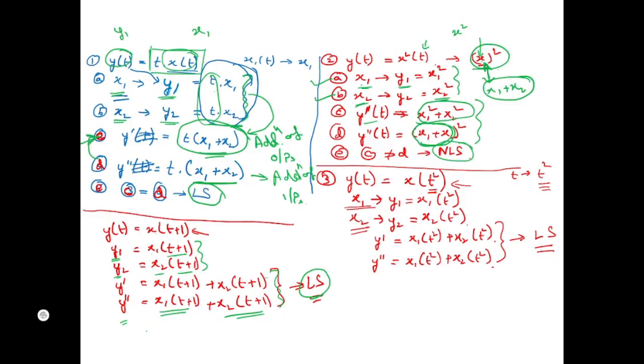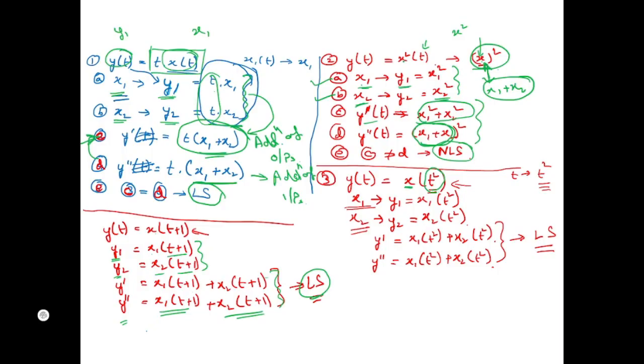In the next case, it becomes interesting: y of t equals x of t square. So t square is the independent variable. In the earlier case, t was the independent variable; here it is t square. So x is a function of t square.